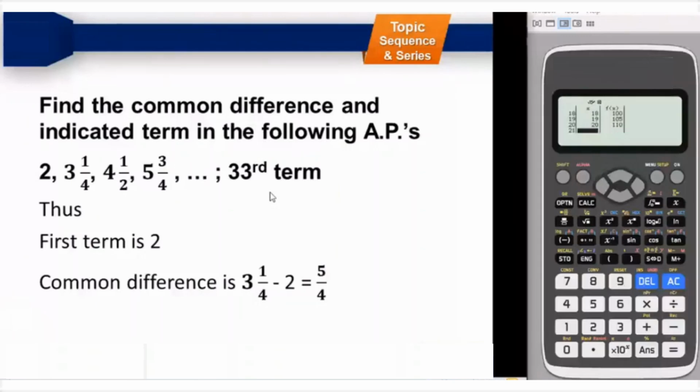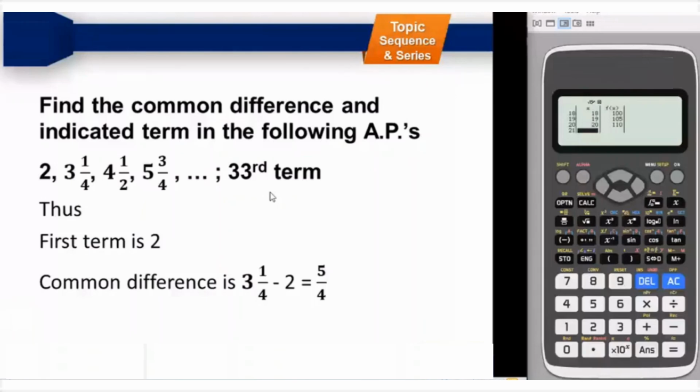And if the difference is not the same, but the difference of the difference is the same. Let's say the difference between the first and second term is 2, between the second and third term is 3, between the third and fourth term is 4, between the fourth and fifth term is 5. So now the differences are 2, 3, 4, 5 and so on.